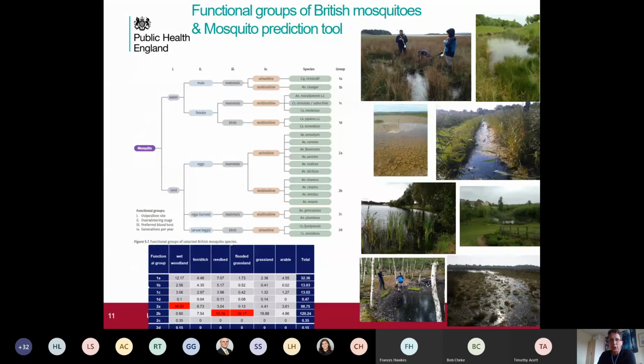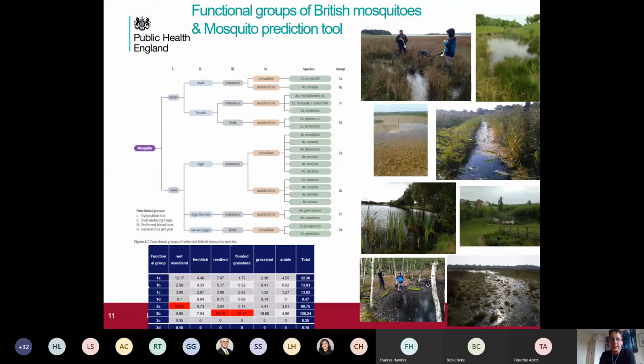This shows some of the habitats that provide habitats for mosquitoes and some that don't. Not all those aquatic habitats are suitable, and a lot of it depends upon how quickly they wet and dry, how long they're wet for, what predators occur, what the vegetation management is, and whether they're wet in the winter or in the summer. Not all mosquitoes will be found in all of those wetland habitats.